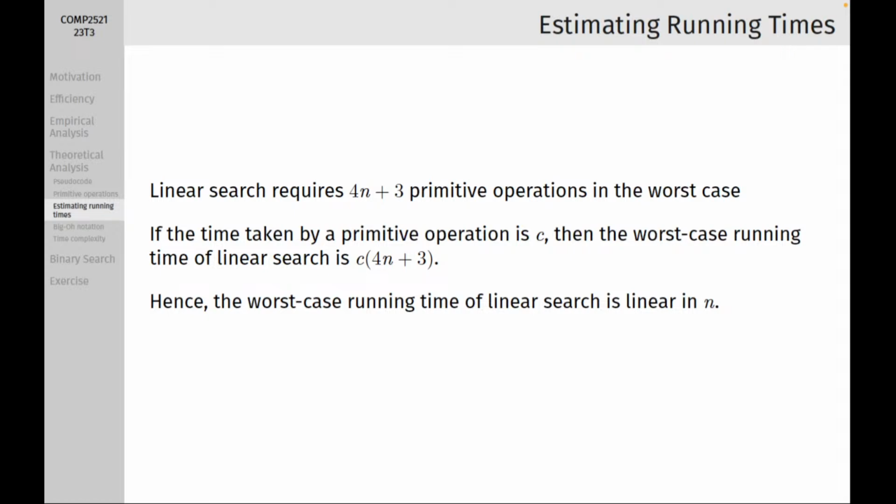Since C is a constant, the worst case running time of linear search is linear in n, the input size, which confirms what we found earlier when we did empirical analysis.